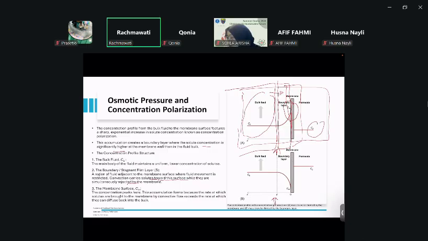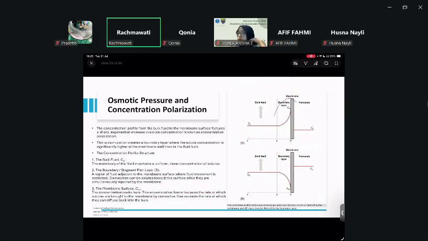This happens because the rate at which the solutes are brought to the membrane by convective flow exceeds the rate at which they can diffuse back into the bulk. They can go here at a higher rate, but when they want to go back to the bulk, the rate becomes slower. So in this case, we have an increased concentration.